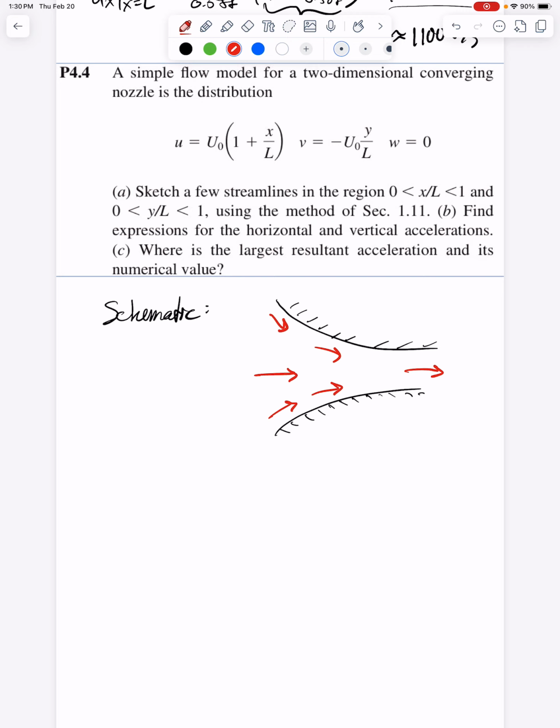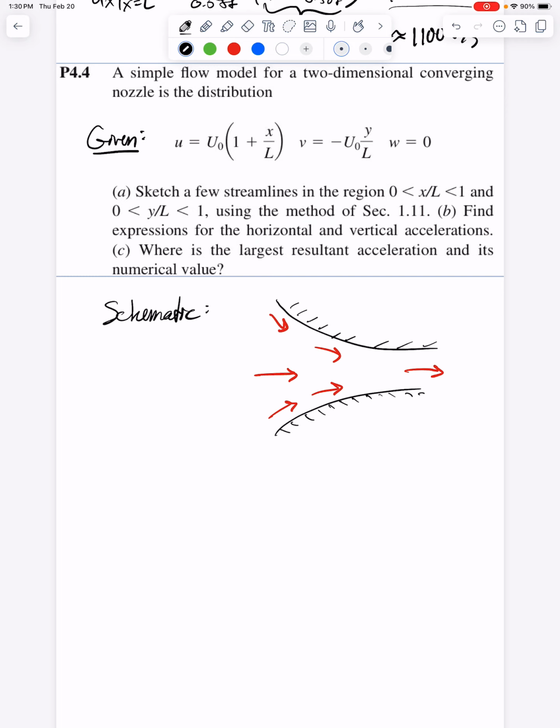This is how we expect the y component to behave. It should be moving, following the walls of the converging nozzle, and that is given by the following formula. We have modified our x component velocity u here, but we have also added the v component, which is shown here as negative u naught times y over L. So these two equations are what are given to us now.